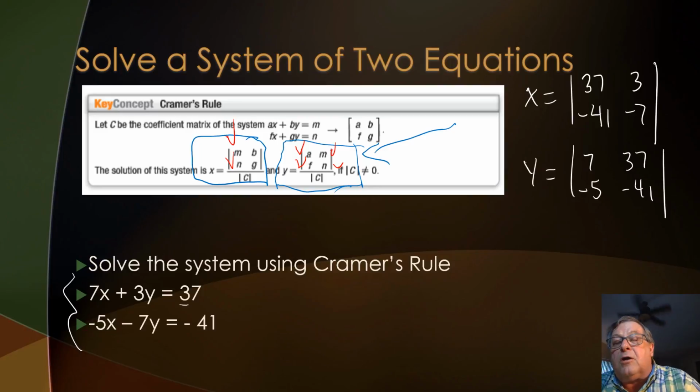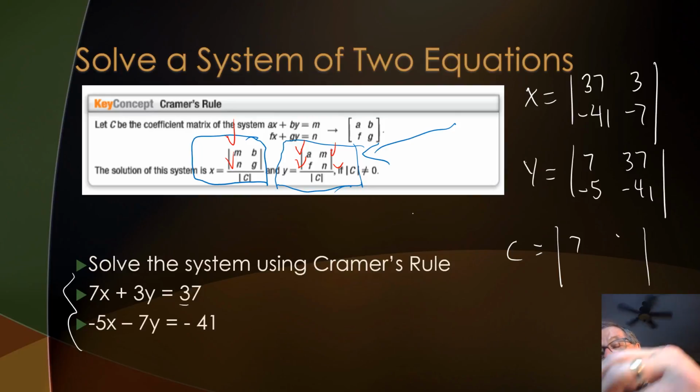And then we build our coefficient matrix, C, and we're going to find the determinant of them all. We're going to take the determinant of the x matrix divided by the determinant of C, and to find the y, we take the y determinant and divide by C. So C is 7, 3, negative 5, negative 7.